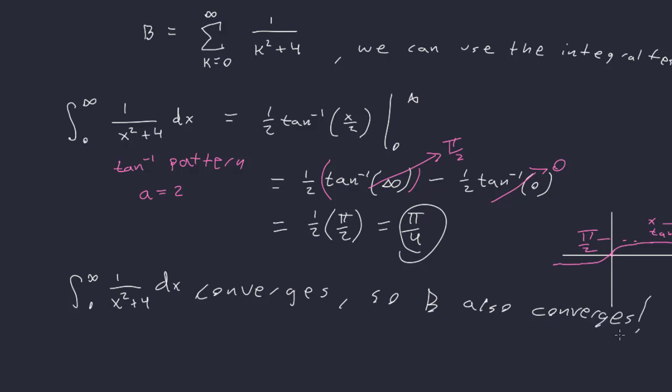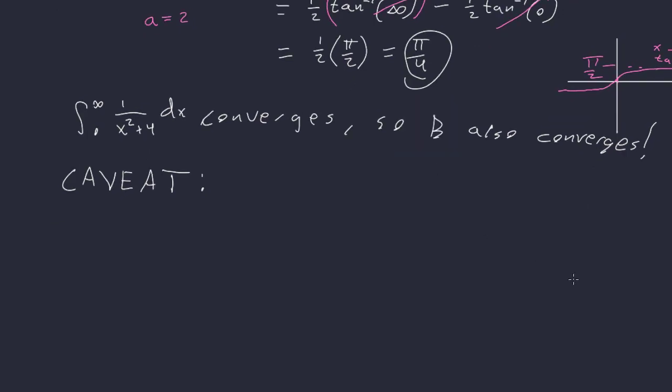Now here's a big caveat: this does not mean the series converges to pi over 4. The integral does. So we found that the integral, that function might look something like this, converges.